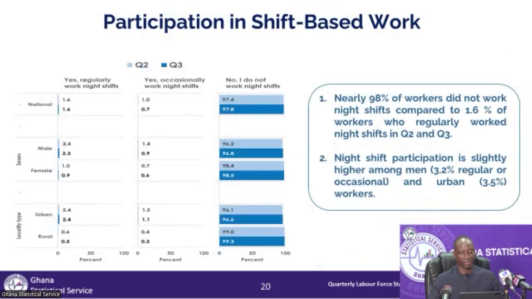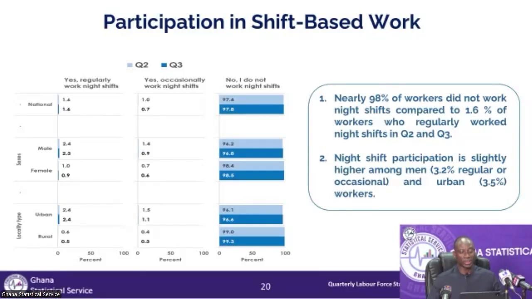And then we also looked at participation in shift-based work, which I mentioned is very relevant for the 24-hour economy program. In each of quarter 2 and quarter 3 of 2024, almost 98% of workers did not work night shifts.